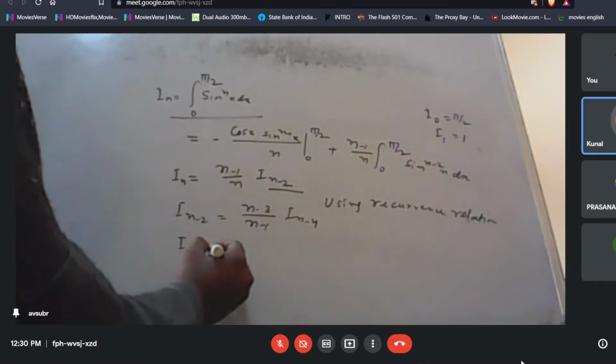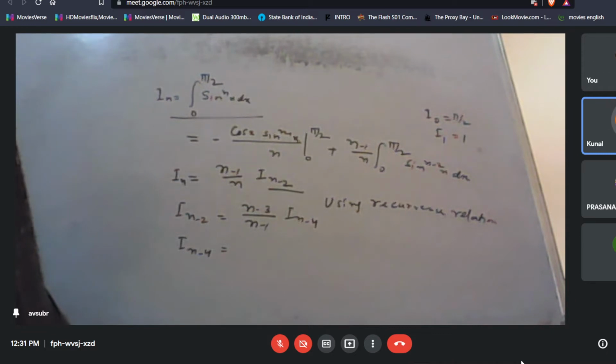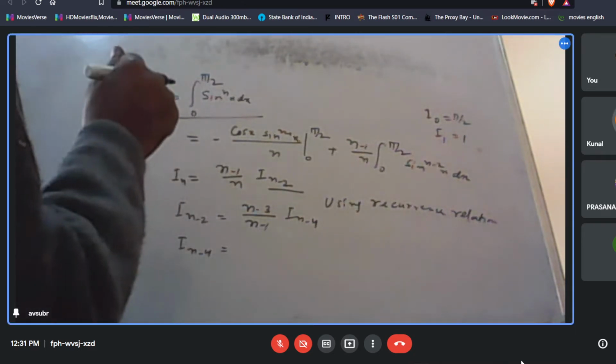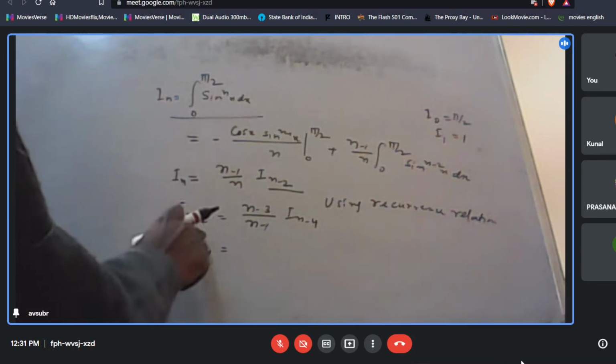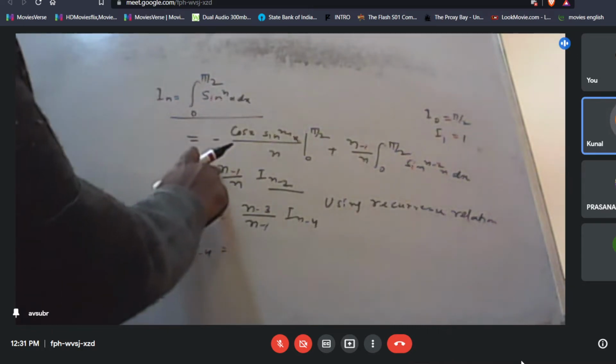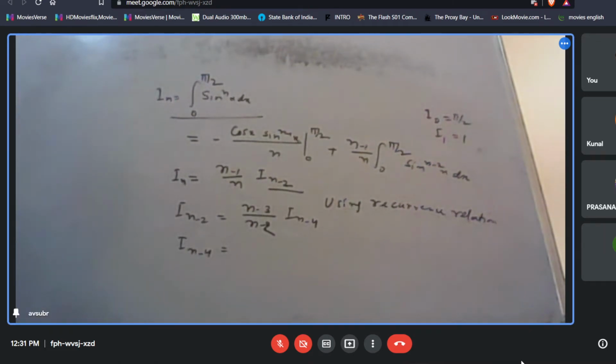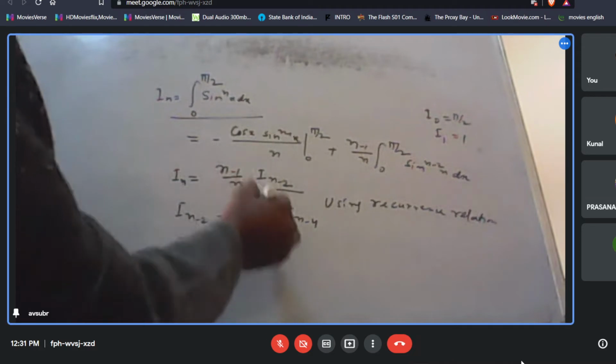Sir, in the denominator, is it n minus 3 by n minus 2 or n minus 1? In place of n, n minus 3 will have n minus 2. Correct, it was my mistake when I wrote it.